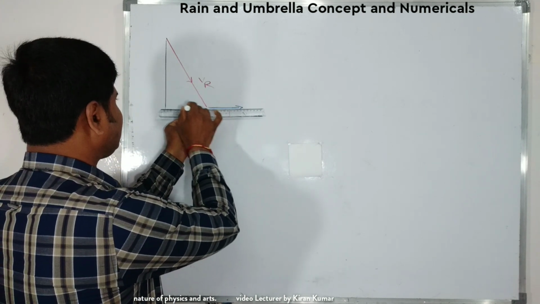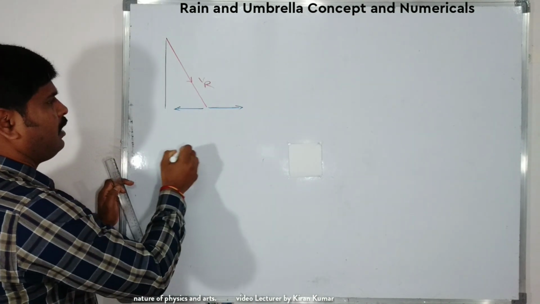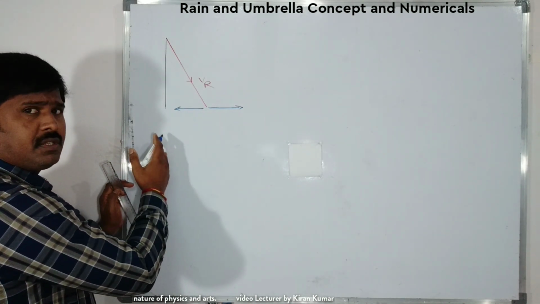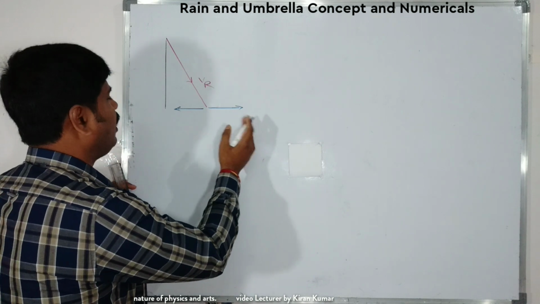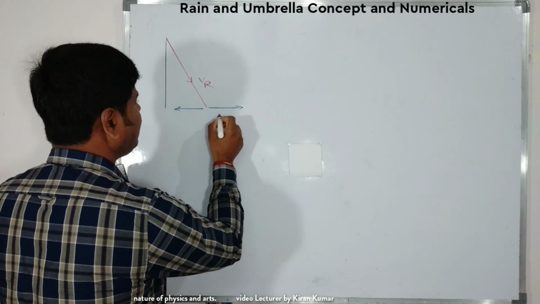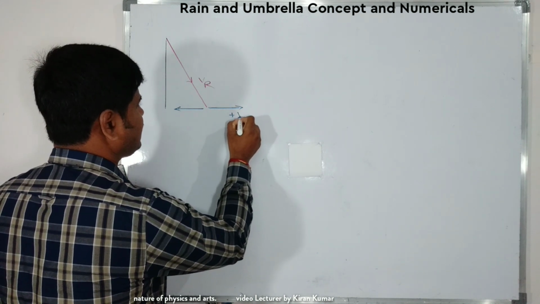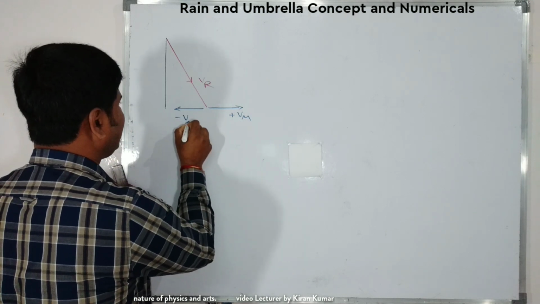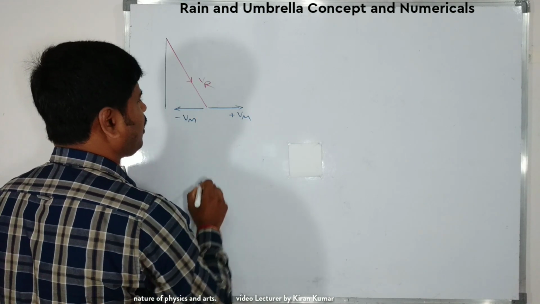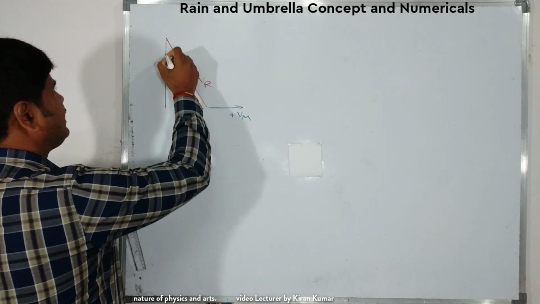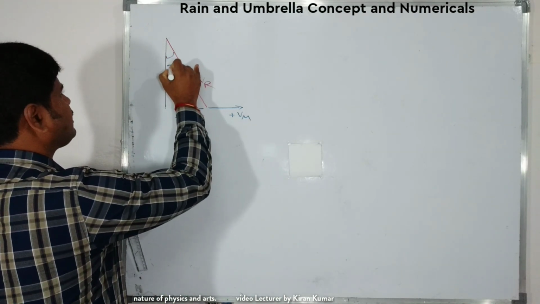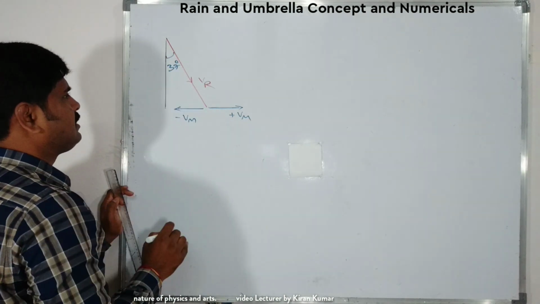Here the man, according to the question, is moving towards the west from the east, so we can take this as plus Vm and this as minus Vm. Okay, so then this is the angle given, that is 37 degrees.